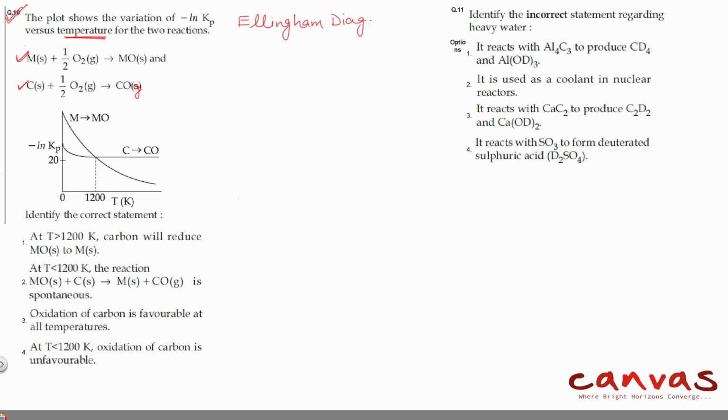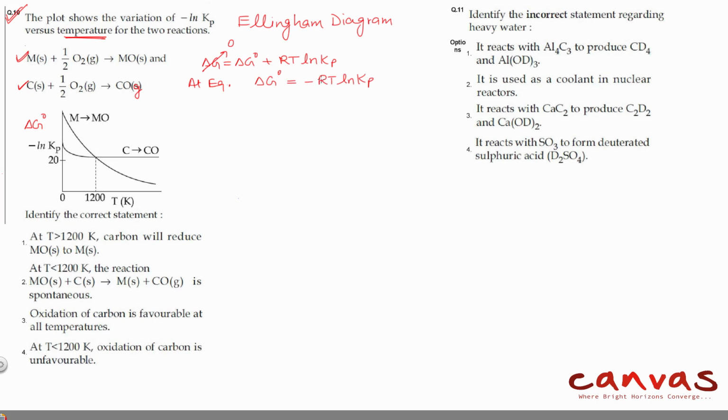In the Ellingham diagram, the parameter on the left side is actually delta G naught versus temperature. Now we know that delta G can be written as delta G naught plus RT natural log Kp. So at equilibrium, delta G becomes 0, and we have the equation delta G naught is equal to negative RT natural log Kp.